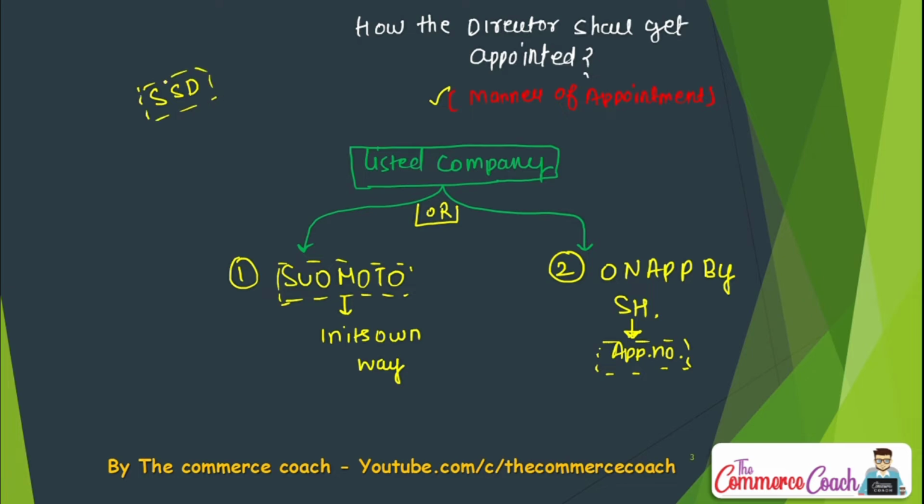A certain number of shareholders must tell the company, and the number of these shareholders will be certain. Then the company will appoint the small shareholder director. Now we shall study what is the minimum requirement, what is the number of applications that has to be submitted to the company so that it can appoint the small shareholder director.